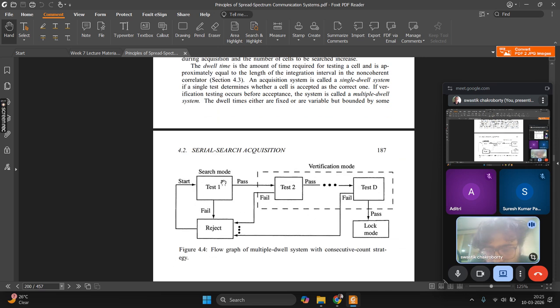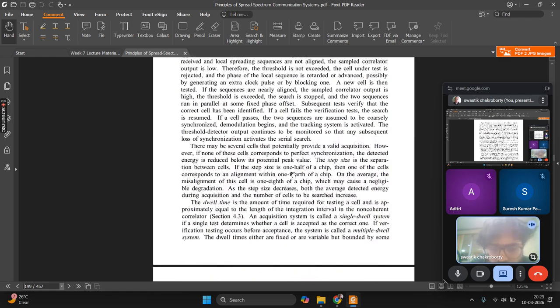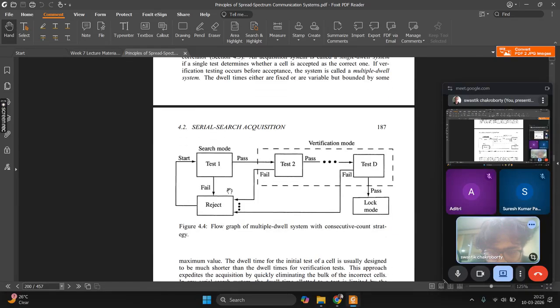So in search mode, test 1 will start, test 1 passes, then test 2, like that. This one was a single dwell. Now if there are multiple dwells, then it will do multiple tests, and only when it passes all the tests will it lock.